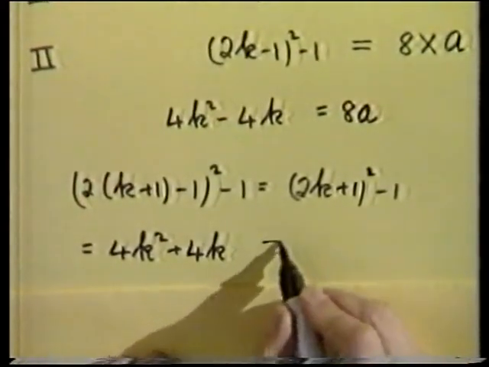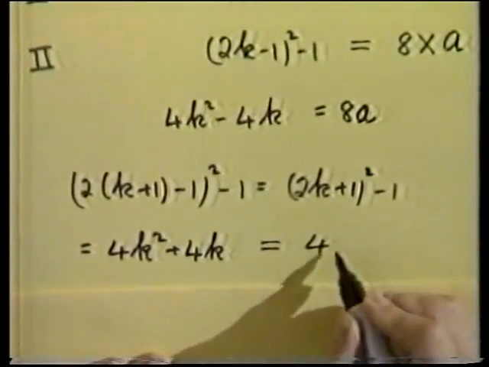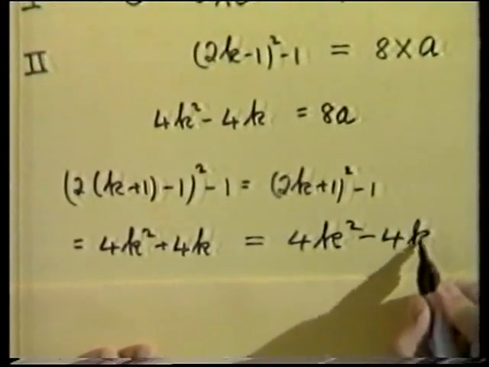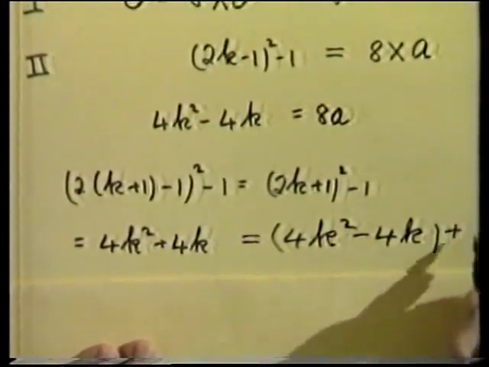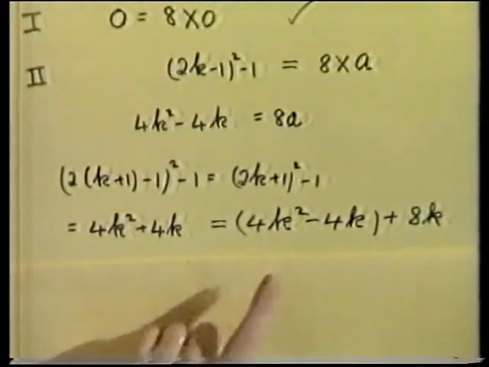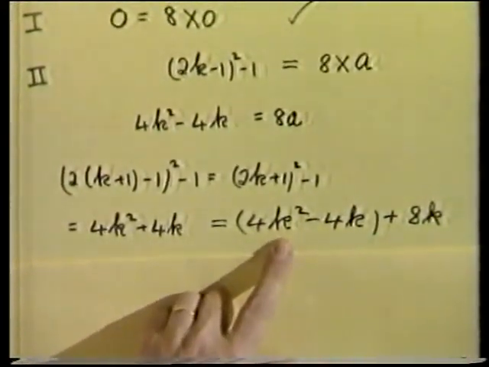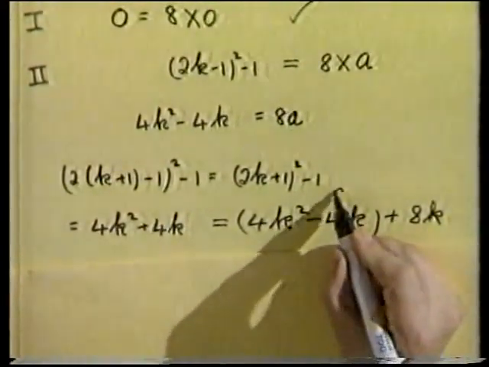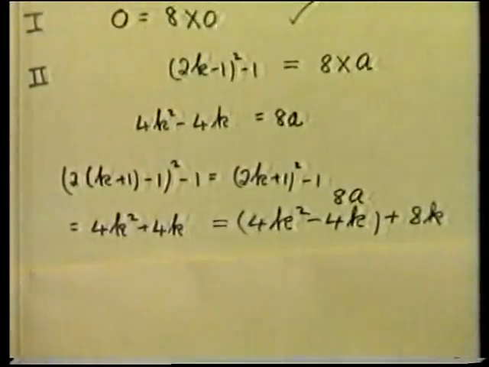Well, I can actually rewrite that using this result. That's 4k squared minus 4k plus 8k. I haven't done anything to that. And now we see that this expression I've got here is just what I got for k. In other words, that is a multiple of 8 times an integer.